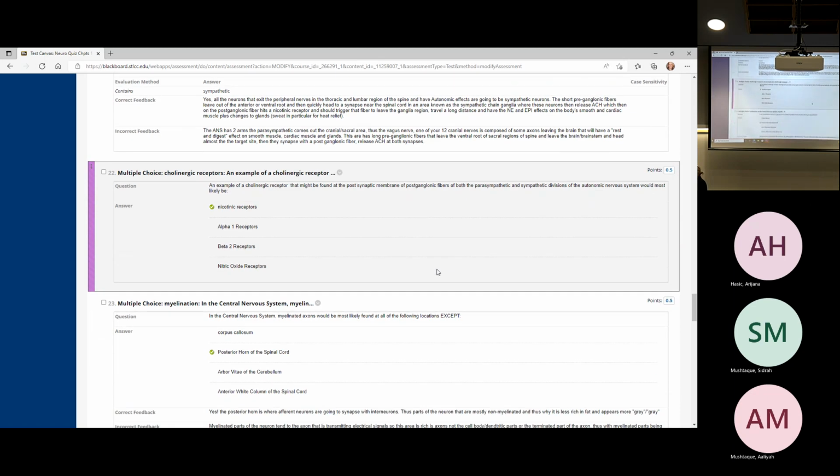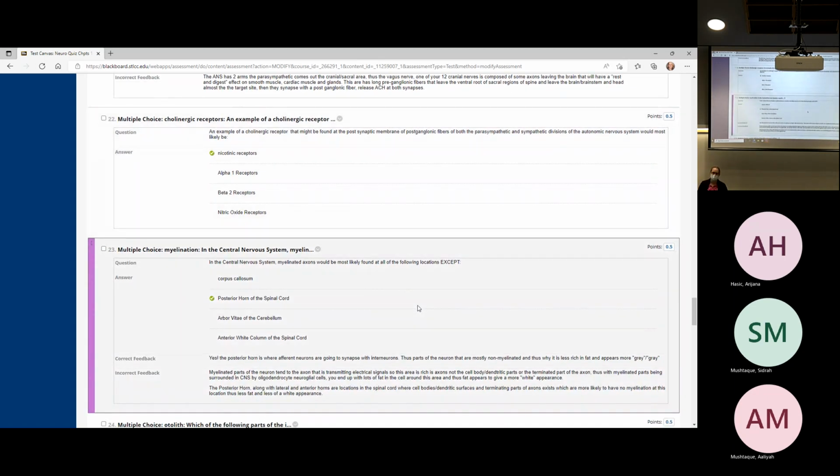Okay? An example of a cholinergic receptor. What does cholinergic mean? Cholinergic, what's the neurotransmitter we're talking about? Acetylcholine. So, an acetylcholine receptor, that's what I'm telling you. If I said an adrenergic receptor, what neurotransmitters am I talking about? Norepinephrine and epinephrine, the catecholamines.